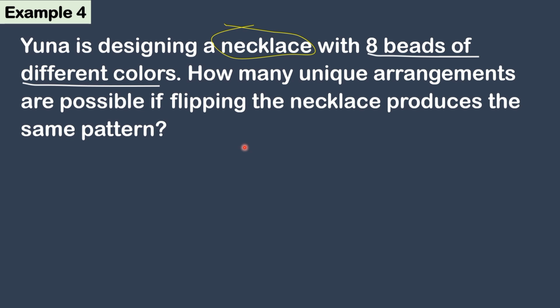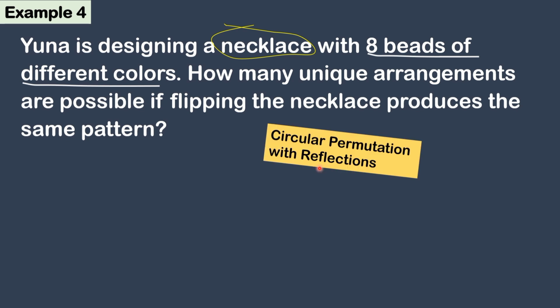To solve this problem, we must account for the fact that flipping, which means turning it over, results in a mirror image rather than just rotating the same sequence. Each arrangement and its mirror image are considered identical. This means the problem involves circular permutation with reflections.